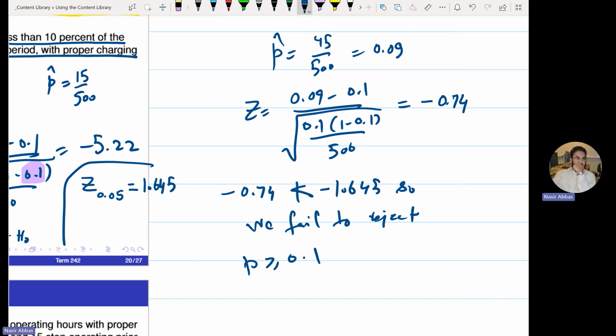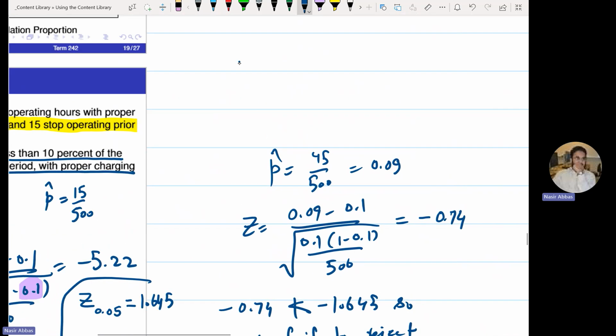Why did this happen? Because you are in the neighborhood of 10%. H naught includes equal also.